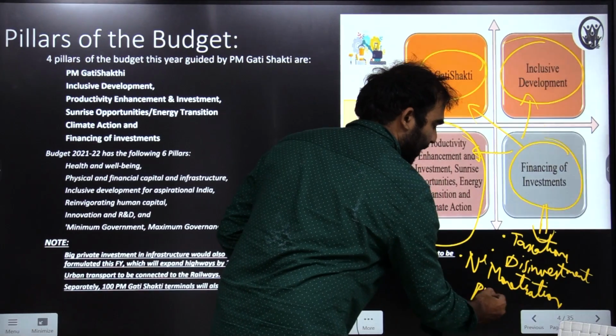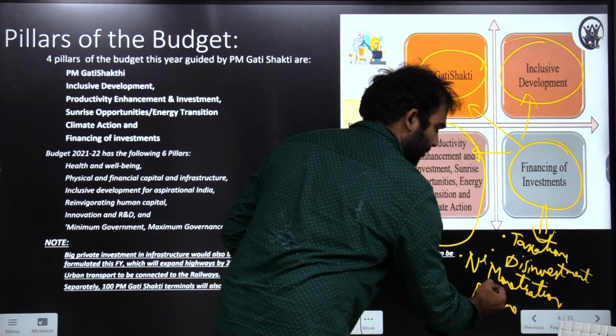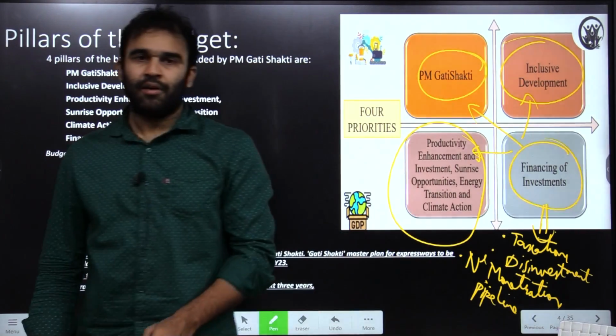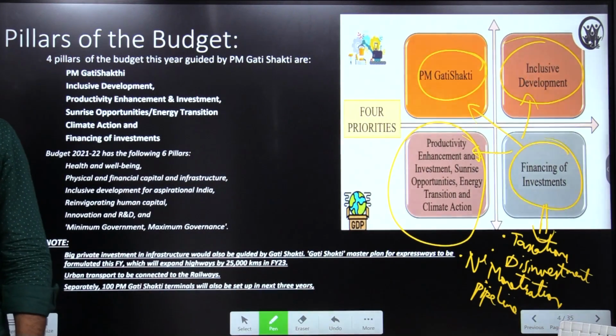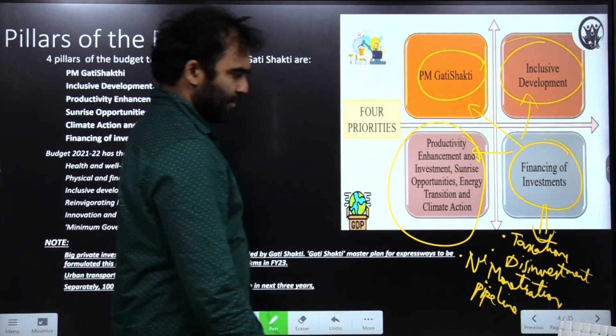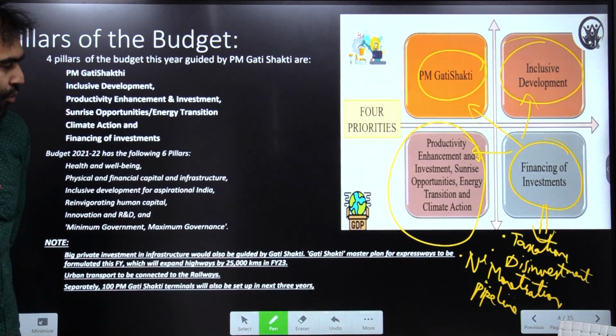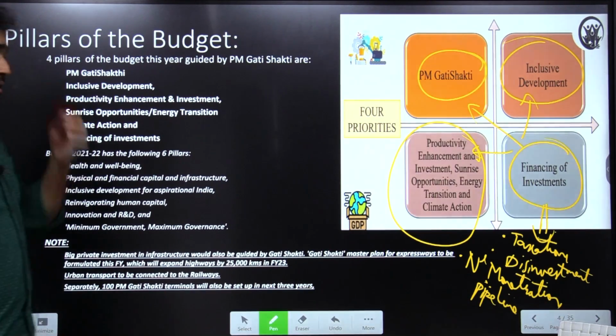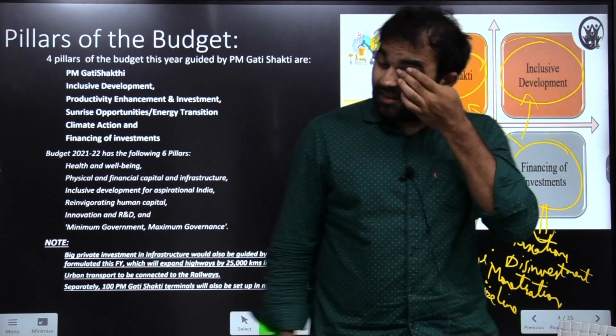National Monetization Pipeline. All of them are part of financing of investments. There are many other aspects. So these are the 4 priorities or 4 pillars of the government this year.